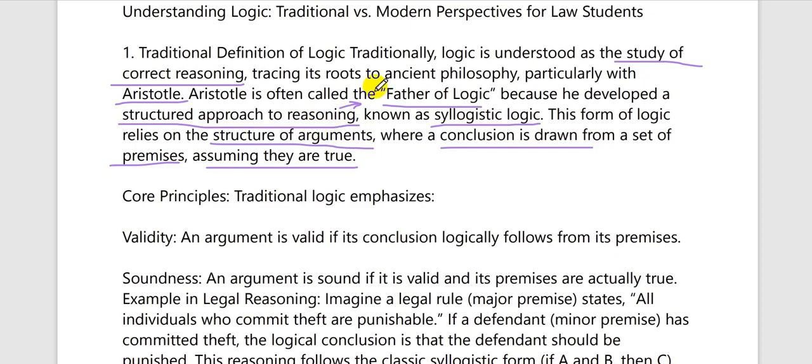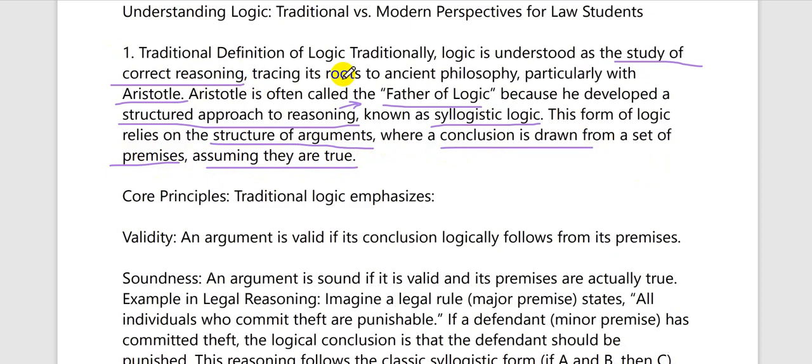And that old traditional way of developing a structured approach to reasoning was known as syllogistic logic. This form of logic relies on the structure of arguments, where a conclusion is drawn from a set of premises, assuming these premises or statements are true. So most important of this is that traditional logic is the study of correct reasoning. That is one.